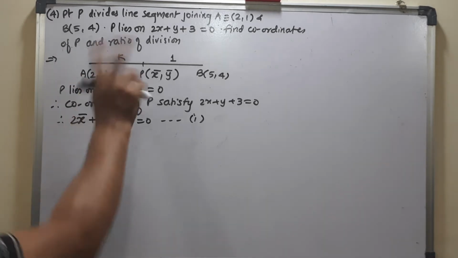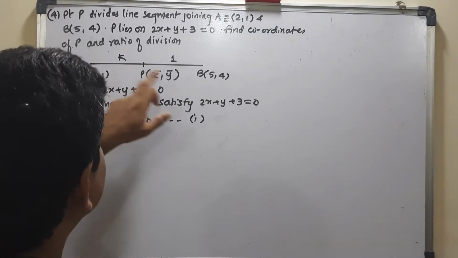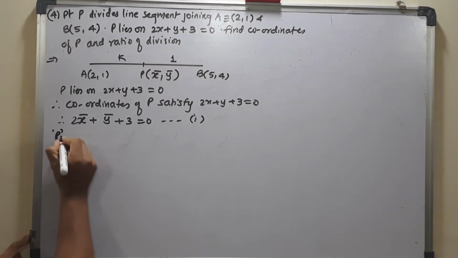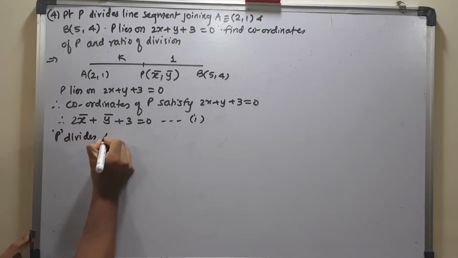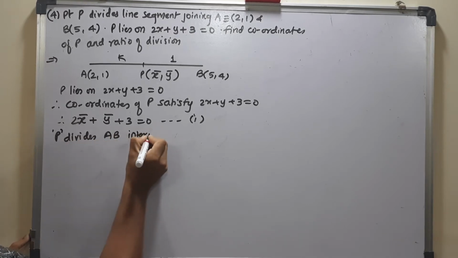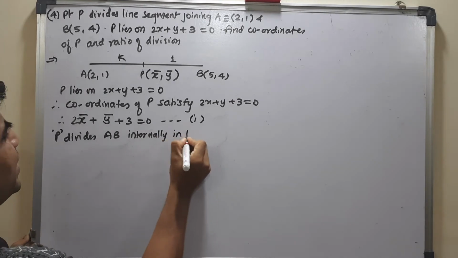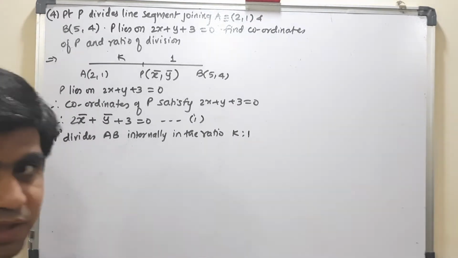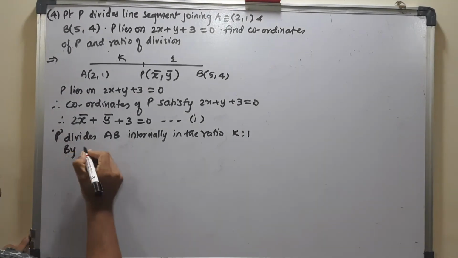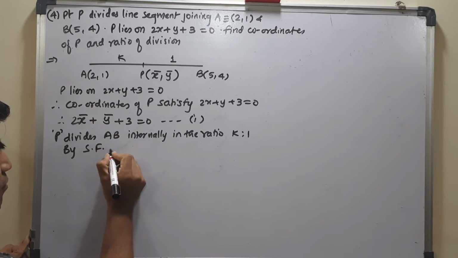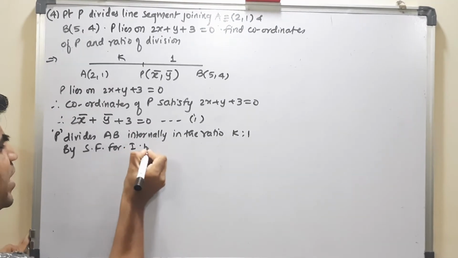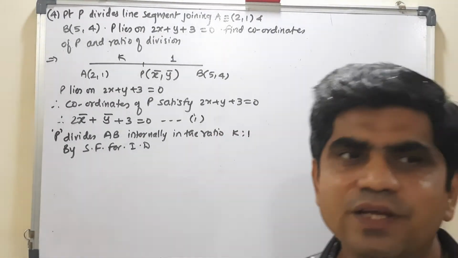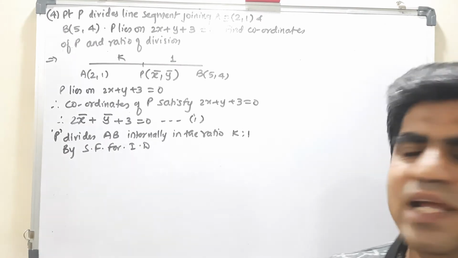Okay, so that I can get over here. I can see the picture very clearly. Okay, P is dividing AB internally in the ratio k is to 1. So I say here P divides AB internally in the ratio k is to 1. Okay, so I will be using the same section formula for internal division. I have already told you, please do not write this as SF for ID. No, you have to write completely section formula for internal division.